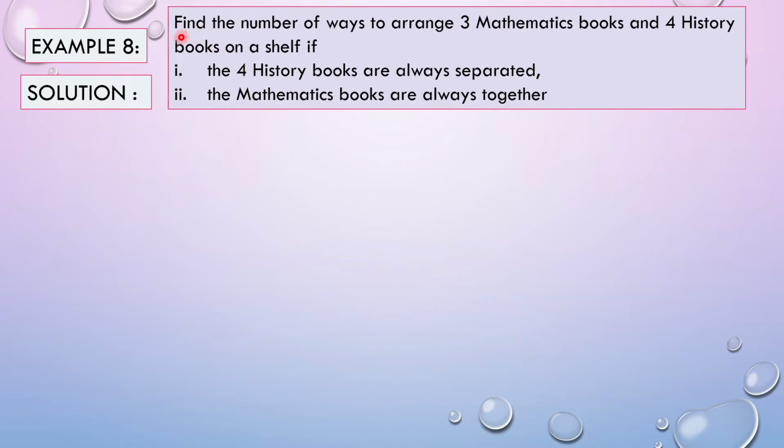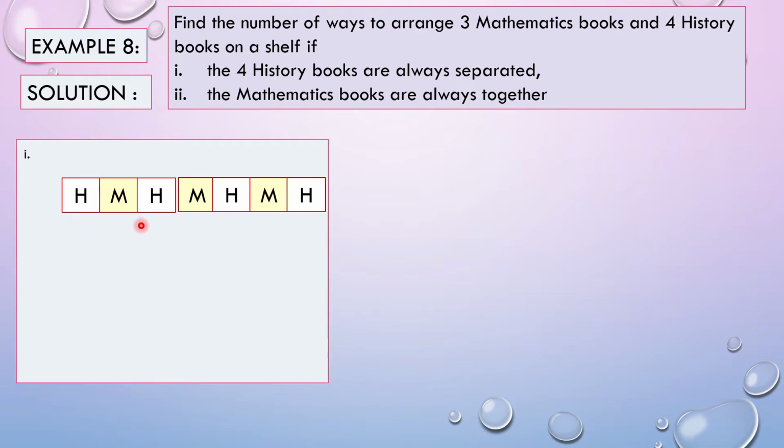Example 8. Find the number of ways to arrange 3 mathematics books and 4 history books on a shelf if the 4 history books are always separated. Let's see the arrangement. Here you have only one way to arrange so that the history books are always separated.